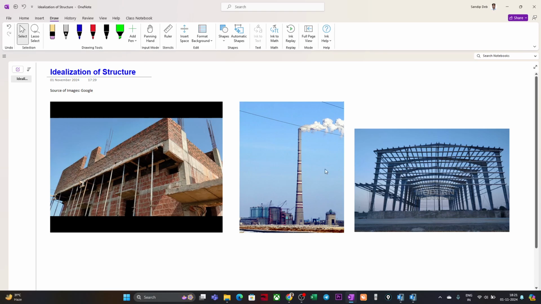Those are structures meant to take some kind of loads. The type of load will be different, right? In this lecture series, our aim will be to understand the loads, the elements, and how those elements behave when subjected to those loads.